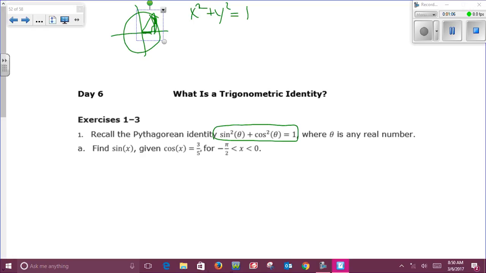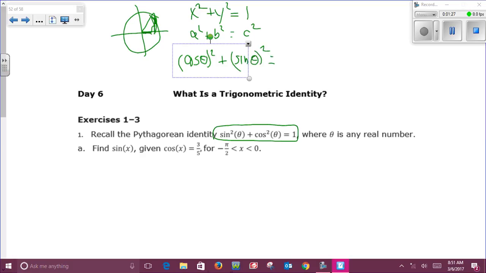And in a right triangle, we have a squared plus b squared equals c squared. So to find the sides of my triangle, x would be cosine, so it's cosine theta squared, plus b would be my height, so that'd be my sine theta squared equals 1, because the radius is 1, and if you square it, you get 1.